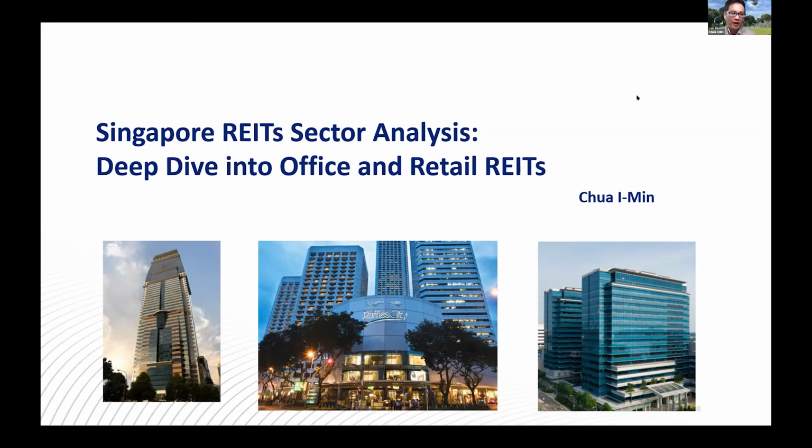Residential, no. We don't have residential REITs. Yes, we have warehouse and data center, which we classify under industrial. Yes, healthcare, hospitals. And the last category of REITs, anyone? Hospitality. Thank you so much. Hotels. Great, thank you so much.